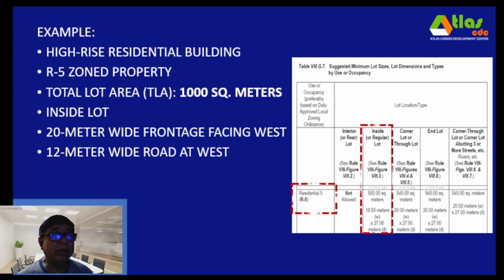So if we are going to compare it with the suggested minimum lot size for R5, ang inside lot suggested minimum is 500 square meters. Our project site is 1,000 square meters, so double doon sa suggested minimum lot size.